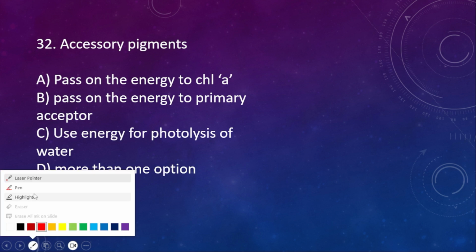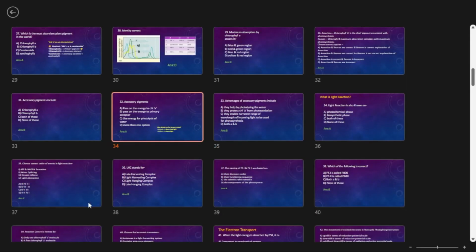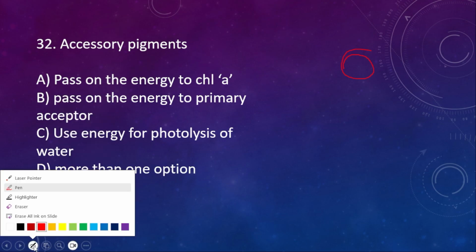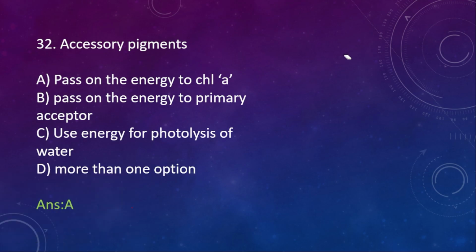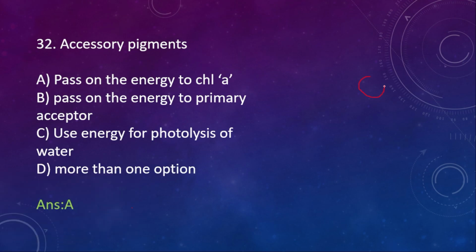Let me draw, just imagine this is the site of chlorophyll A. Chlorophyll A is surrounded by many other pigment molecules, which may be chlorophyll B, carotenoids, and xanthophylls.